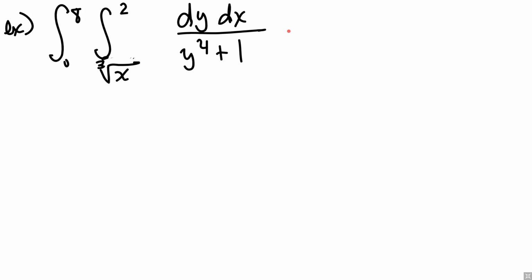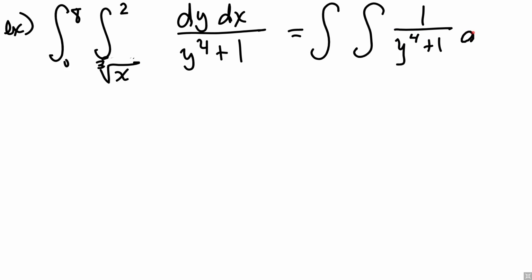If we switch the limits of integration around and look at 1 over y to the 4th plus 1 and do dx first, then dy, it allows us to pull in the u sub so I can integrate with respect to y.